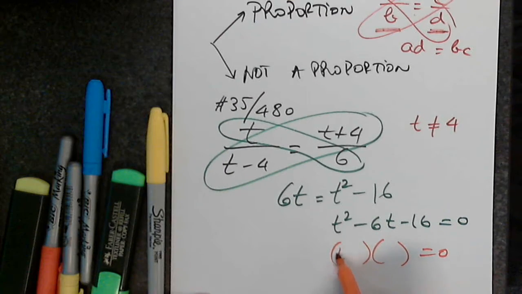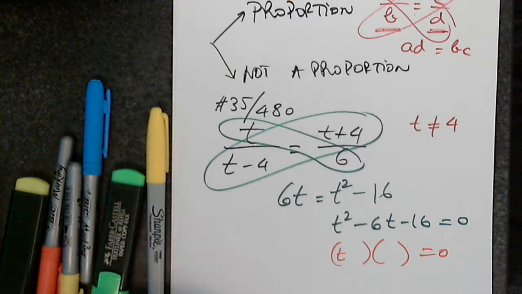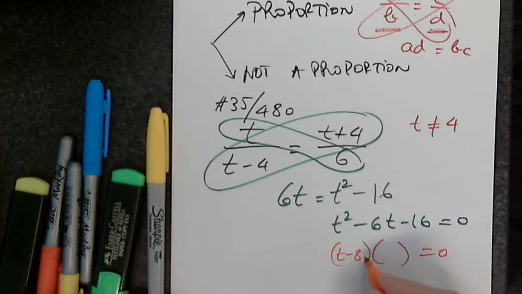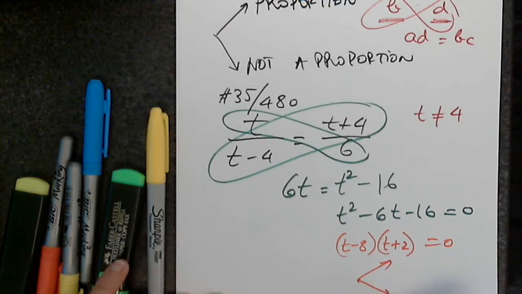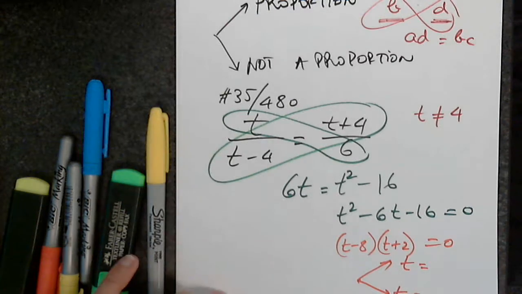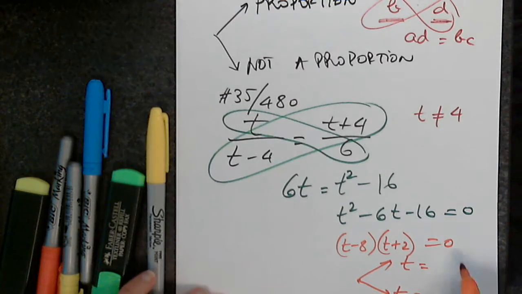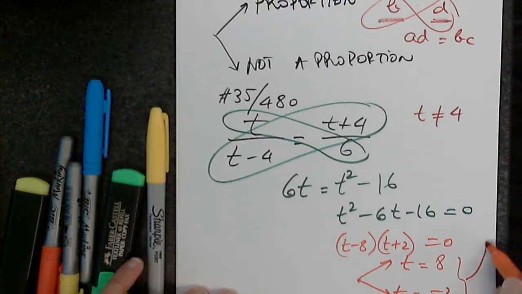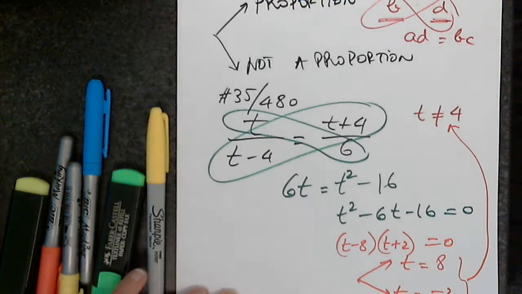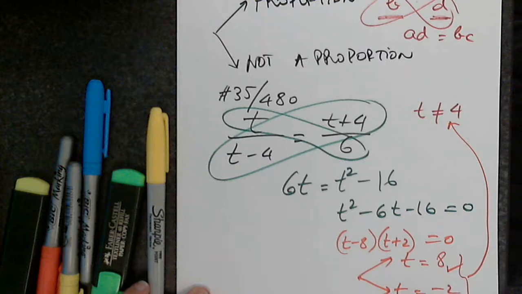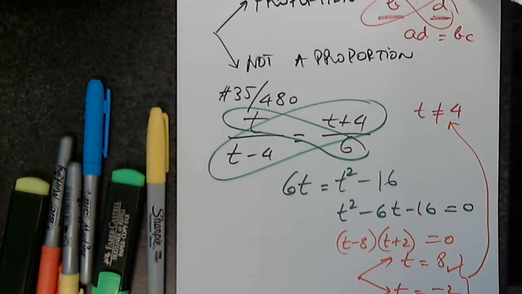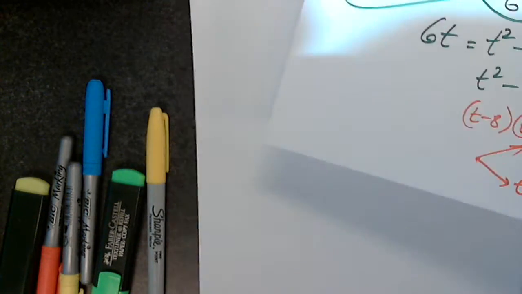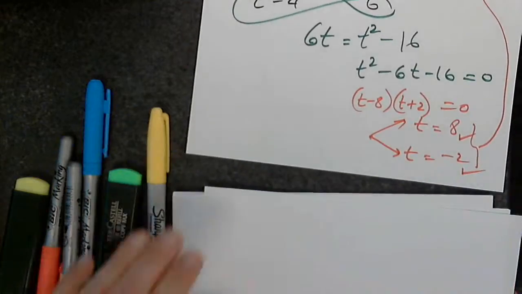And this is t minus 8, excellent, and t plus 2. Very good. So then there are two options, t equals and t equals. Are these among the restrictions? No. You can go back and check. They must work. This is how we solve a proportion.